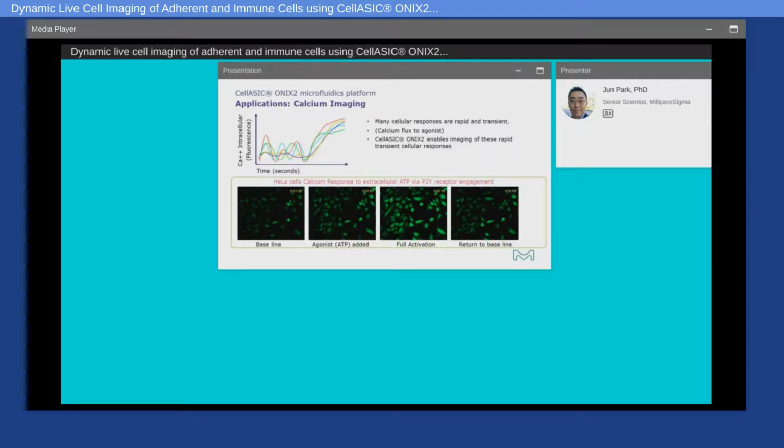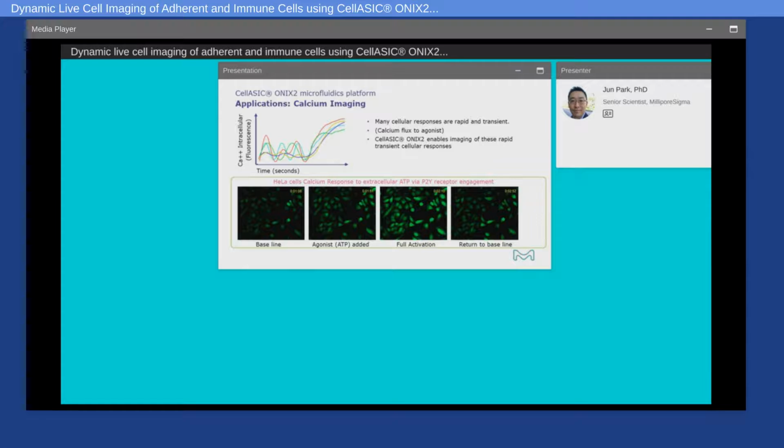Perhaps the most obvious utility of dynamic live cell imaging is calcium imaging. Many cell types respond to external stimulation by increasing intracellular calcium level. Often these calcium responses are transient, which only last for a short duration of time.